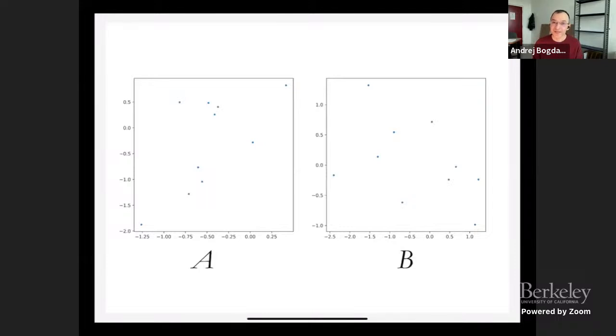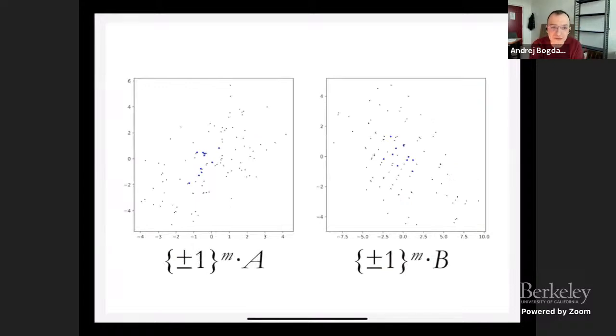So here is the idea. What happens if we take a random plus-minus one combination? We hit both these matrices A and B on the left with a random plus-minus one vector. And this is the picture that we get. This is some distribution over vectors, where I hit the matrix A with discrete vectors on the left, and I hit the matrix B with discrete vectors on the right.